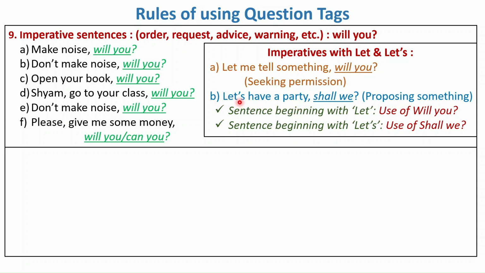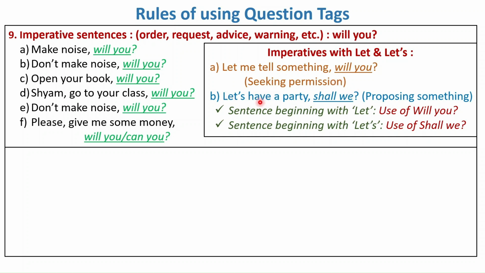In this type of sentence, the speaker also has involvement. All of them do that thing together. Therefore, we have to use shall we here. Will र shall को use पनि थाहा पाउनु पर्यो. Shall is used with I and we only. But will is used with all type of subjects. Therefore, with we have the system of using shall in question tag.